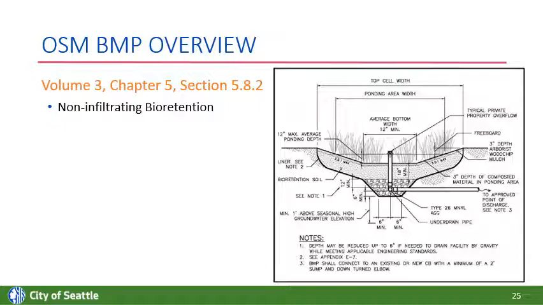The pre-sizing table, table 5.6, was also updated to remove sizing for peak control standards, since non-infiltrating bioretention with 12 inches of ponding does not meet peak control standards. Previously, non-infiltrating bioretention with 12 inches could be used to meet peak flow control, but that has been removed in the new manual.